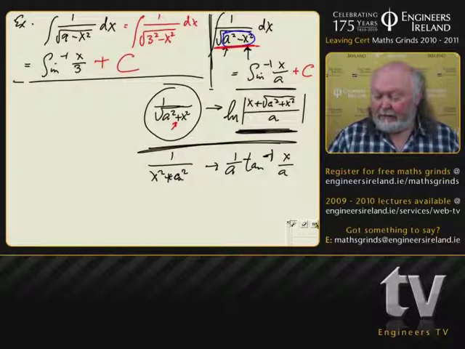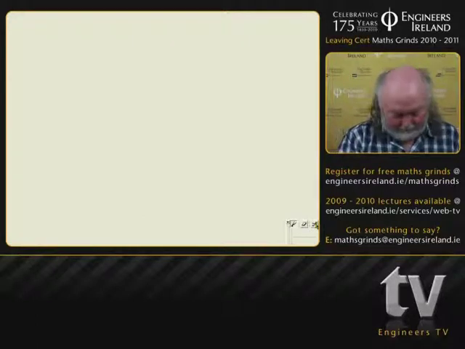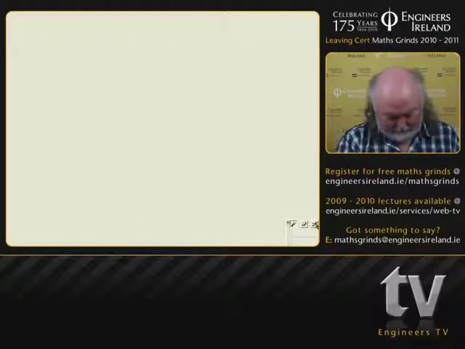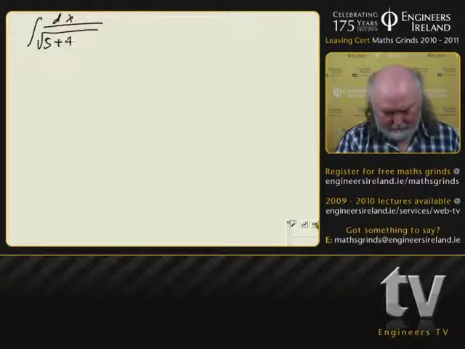We'll pick this example. What does that look like?